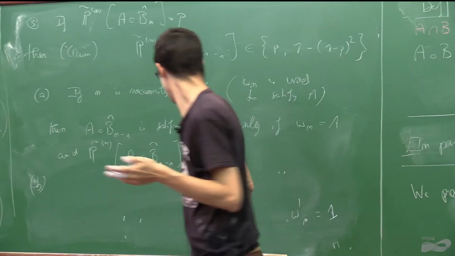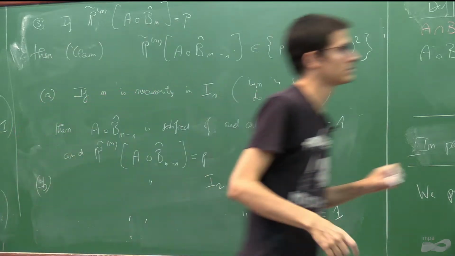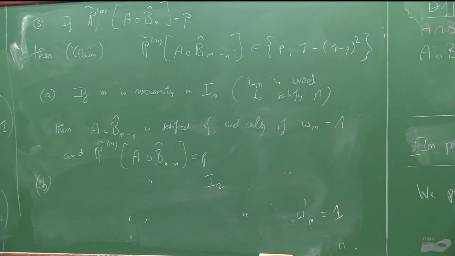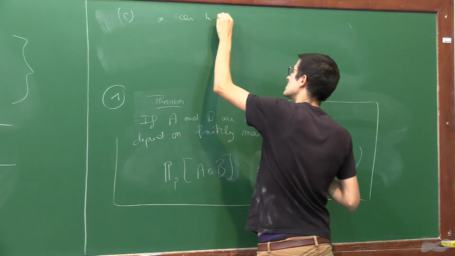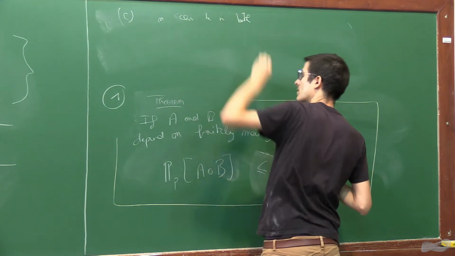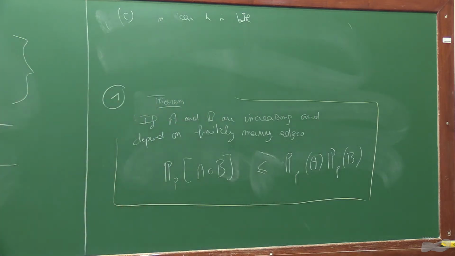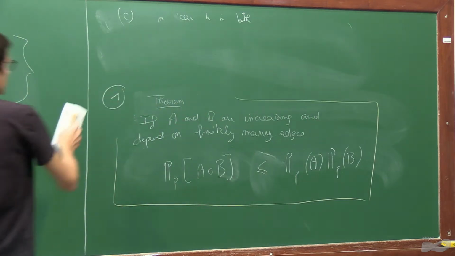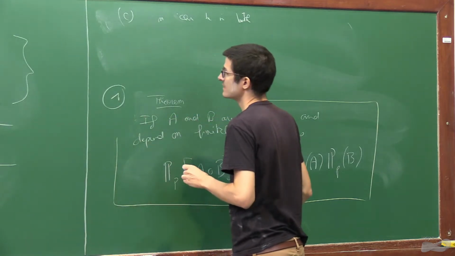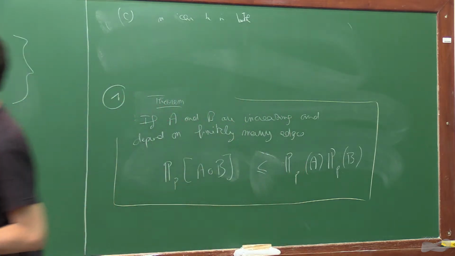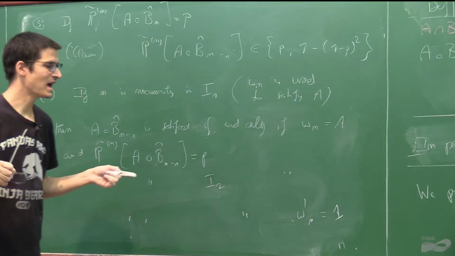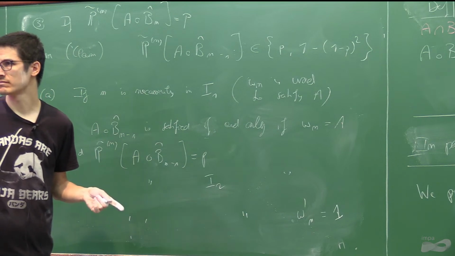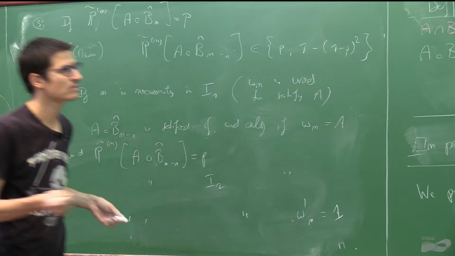In this case, n can be in both. And in this case, this event is satisfied if either omega n or omega prime n is open.